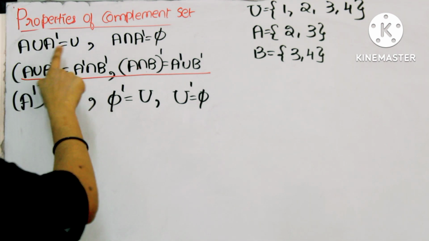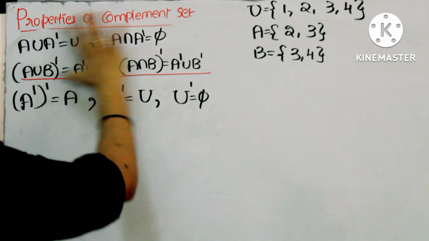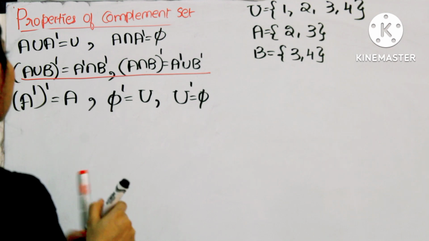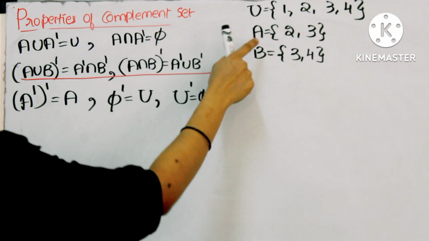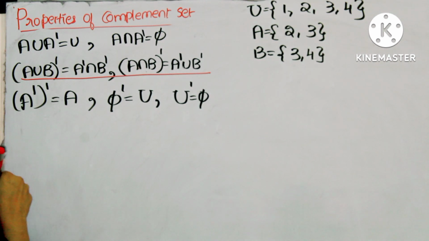Now, A union A complement is equal to U. First, what do we need to prove this? Let's take all the sets. We already have A, and we need A complement. So what is A complement?